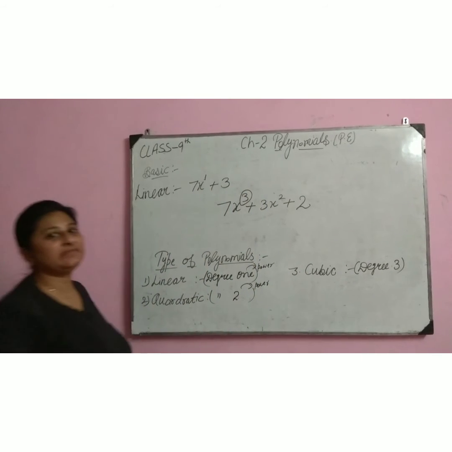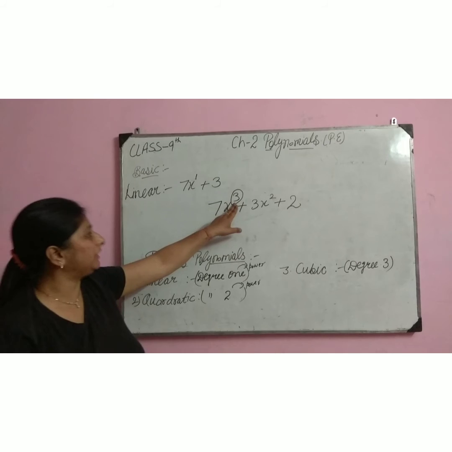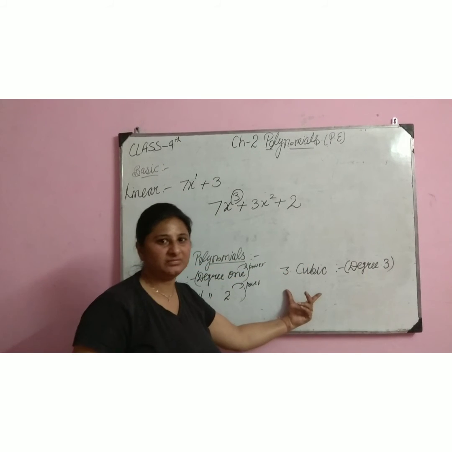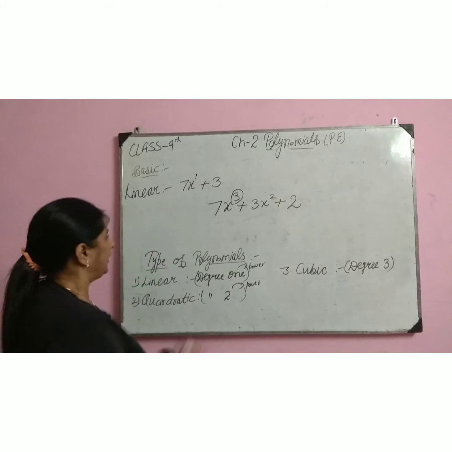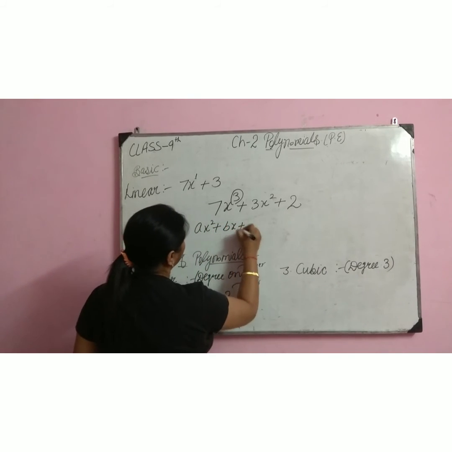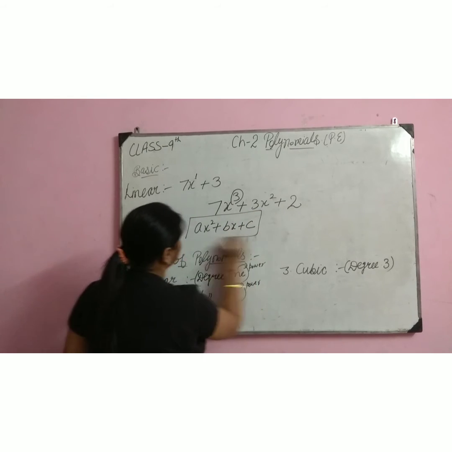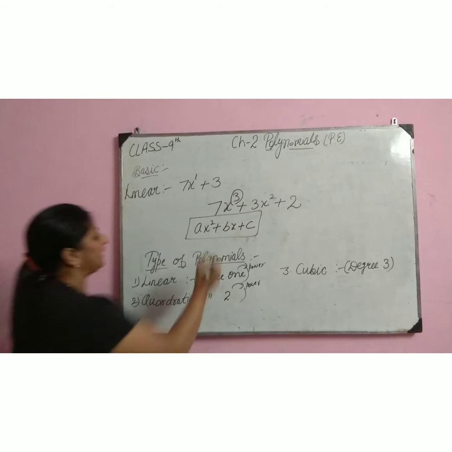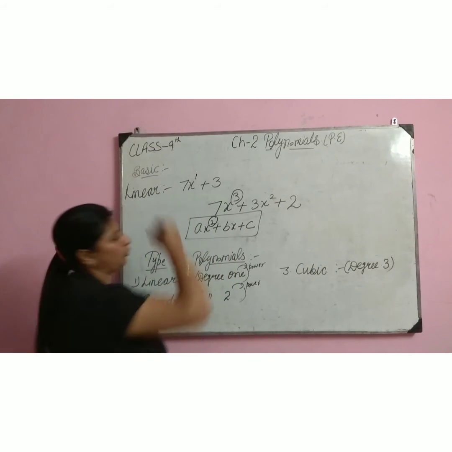Here the highest power is 3. It means this expression is in cubic form. If I write ax square plus bx plus c, which category does it belong to? Quadratic. Why? The highest power is 2.